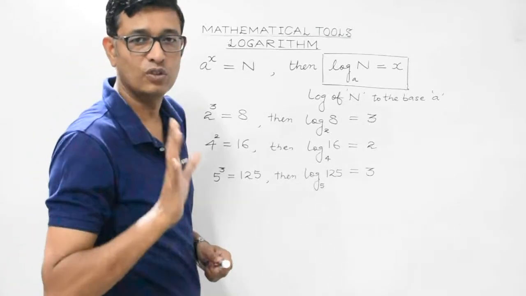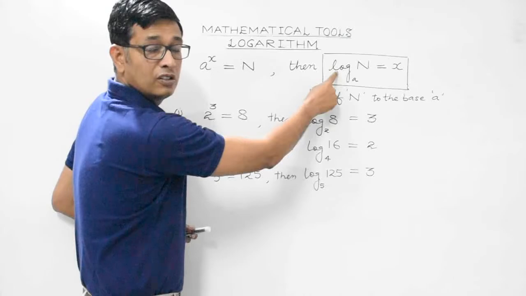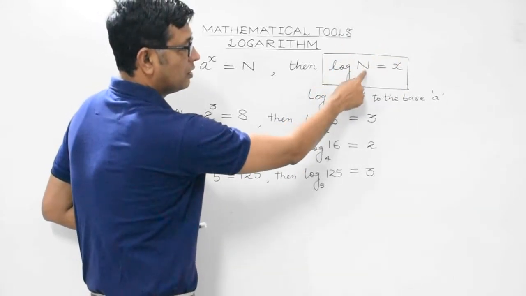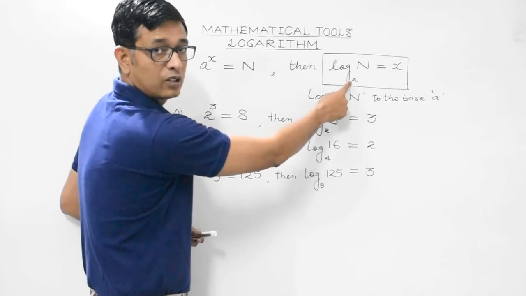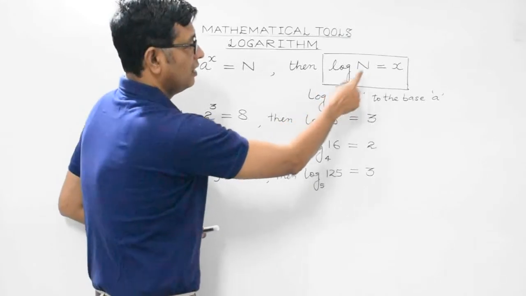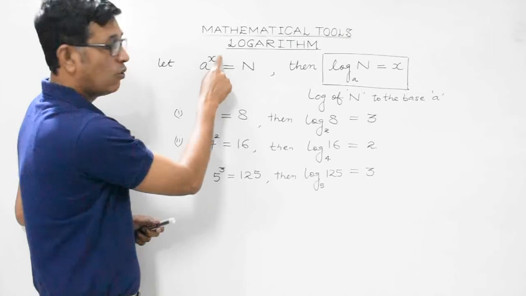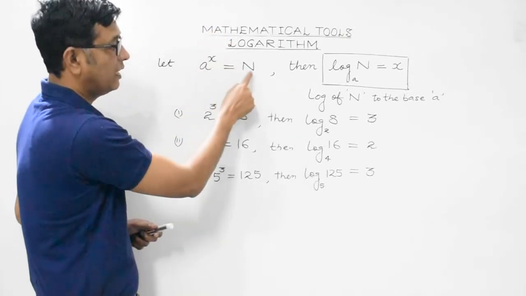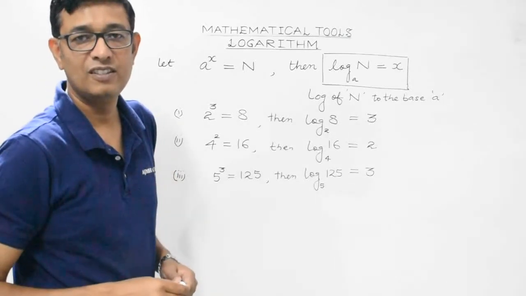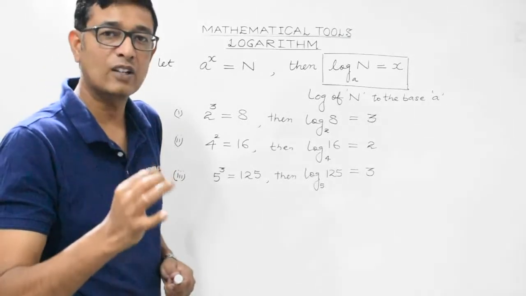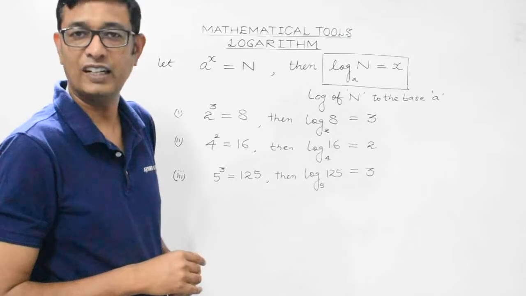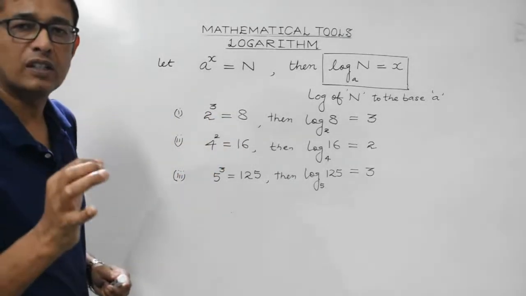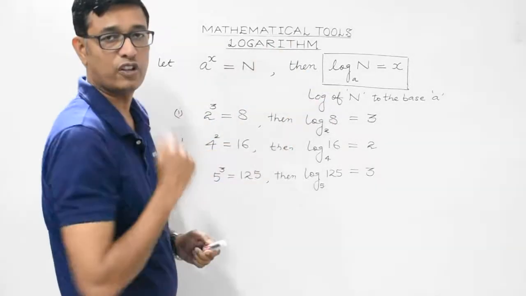Again I am repeating, students, the log of a number, let n be any number, with respect to a base is equal to the power to which the base has to be raised so as to obtain that particular number. So this is how logarithm is actually defined. Right, students? So let's make use of some important results using this illustration.